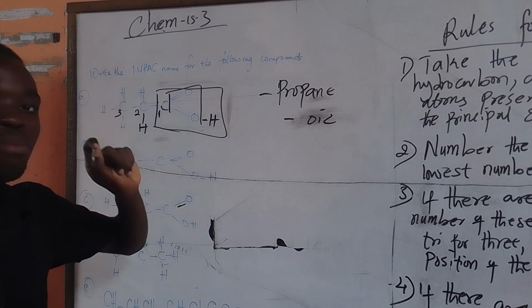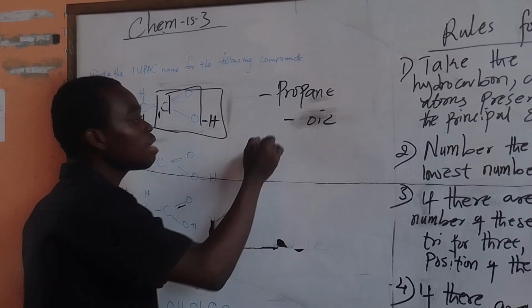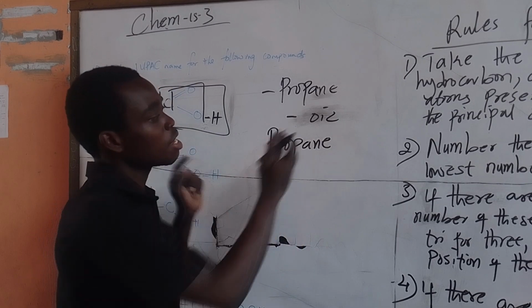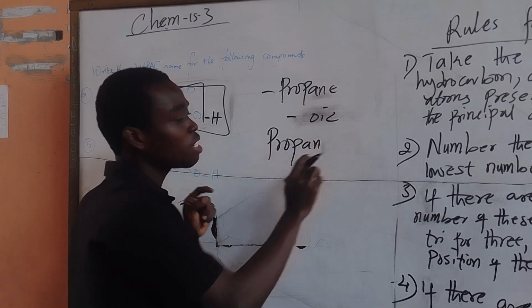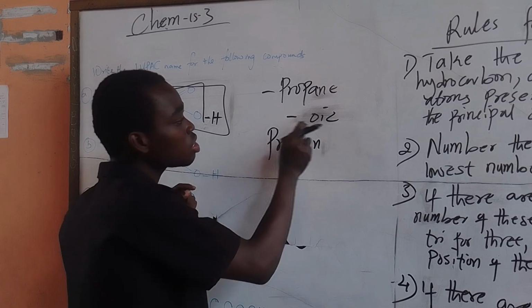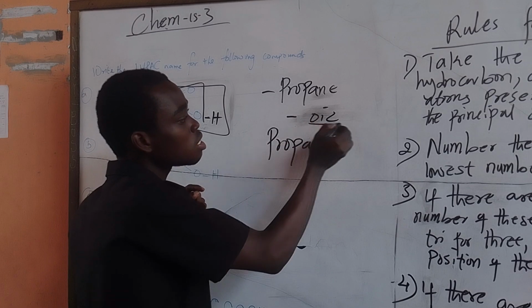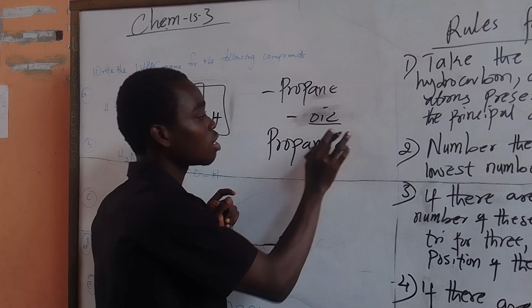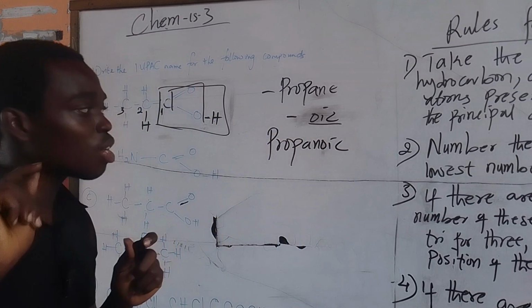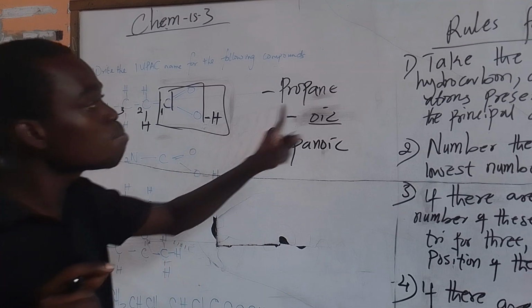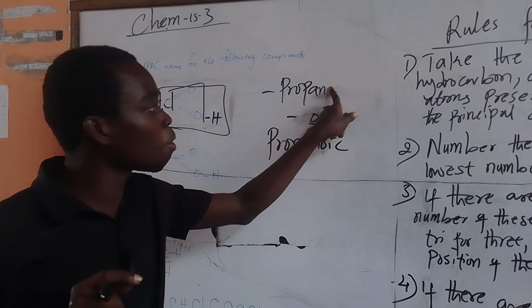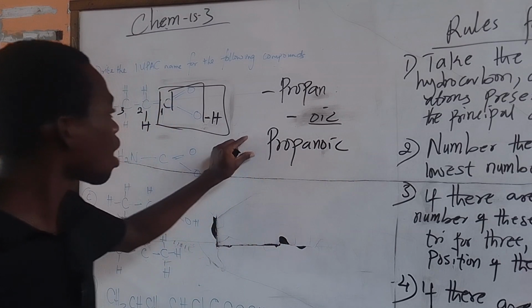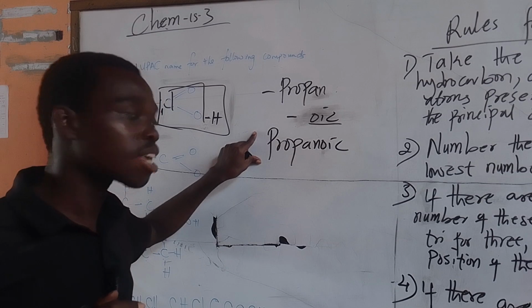Now if I want to name the alkanoic, I will name it as I'm naming propane, but the E of this propane, I will change it to oic, which is from the alkanoic. So the alkanoic acids are named by removing the last letter E from propane and adding oic. So I'll have propanoic.